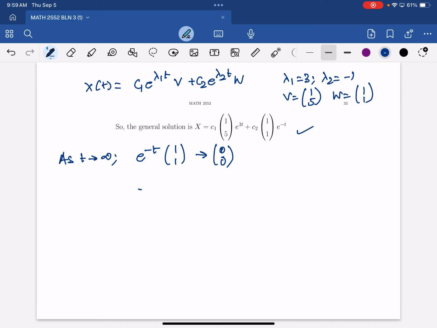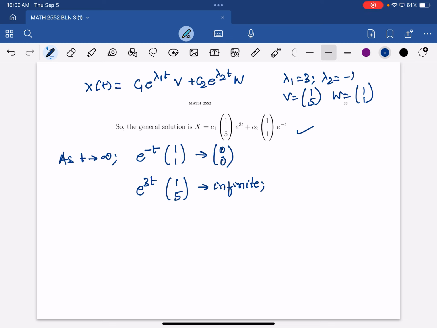Whereas e to the 3t times (1, 5) becomes infinite. Because t is going to infinity, the first term is becoming unbounded, becoming large, so it's becoming infinite. Do you agree with me on that?